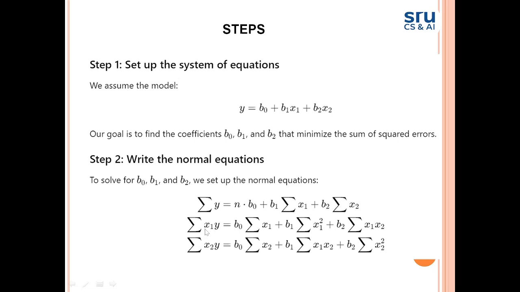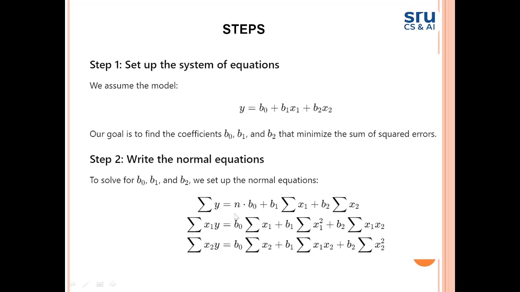So it becomes summation of x1 into y equals beta naught into summation of x1 plus beta 1 into summation of x1 square plus beta 2 into summation of x1 and x2. Then we multiply this one with x2. Here it will come summation of x2 into y equals beta naught into summation of x2 plus beta 1 into summation of x1 into x2 plus beta 2 into summation of x2 square.